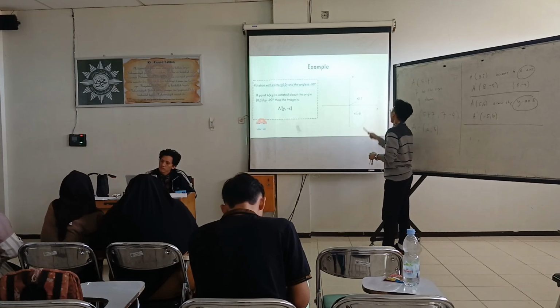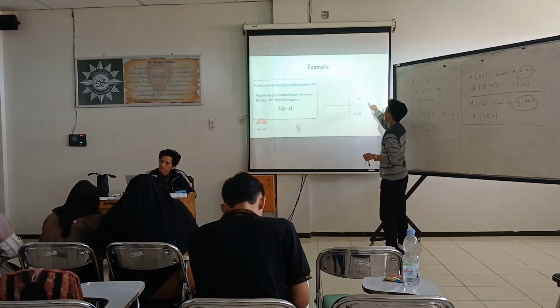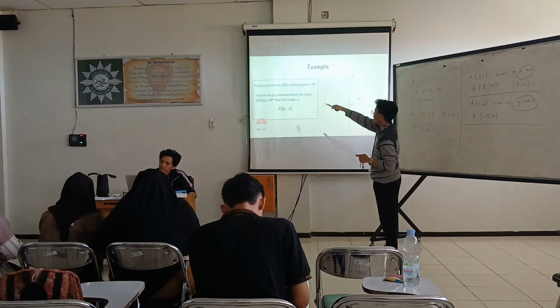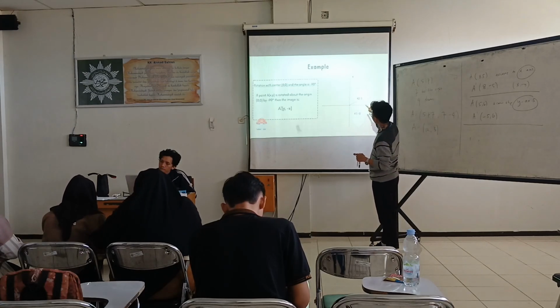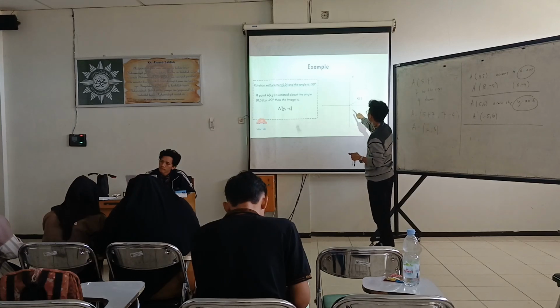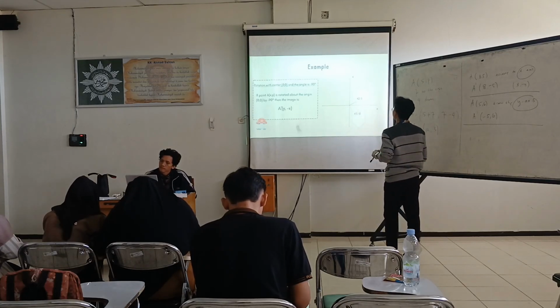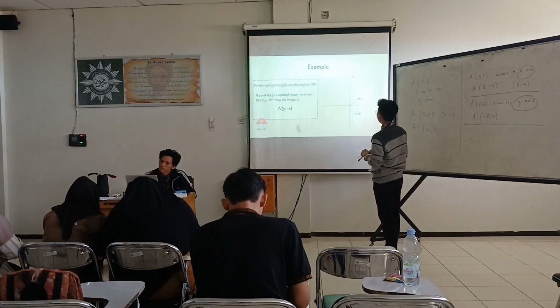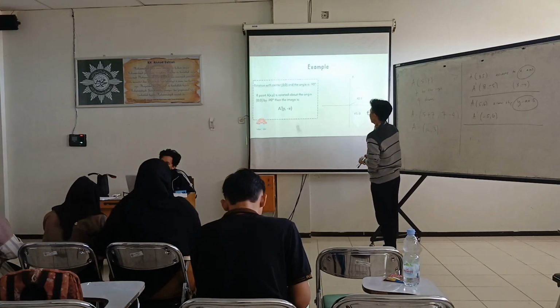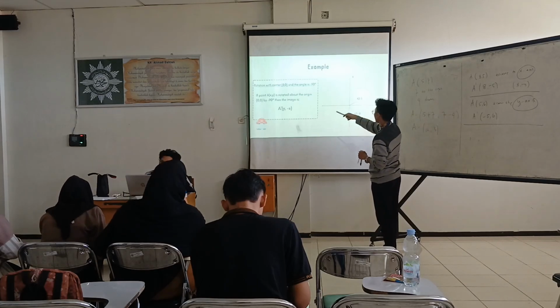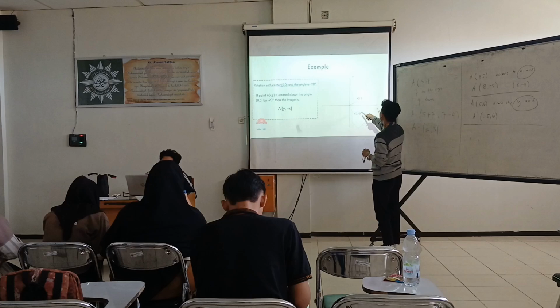For the example, see this picture. We have point A (2, 1). We have to rotate this point with center (0,0) and the angle is -90 degrees. So the rotation is going down. From the formula we have A' is (y, -x).